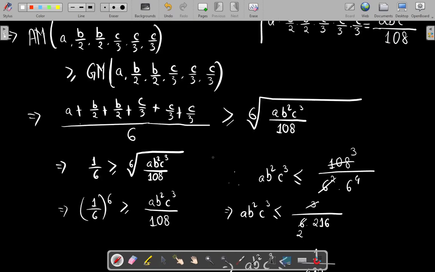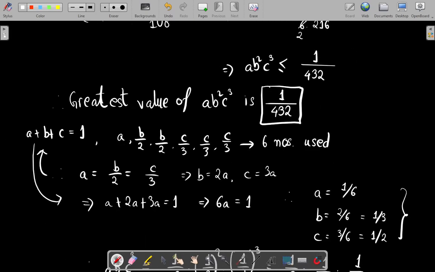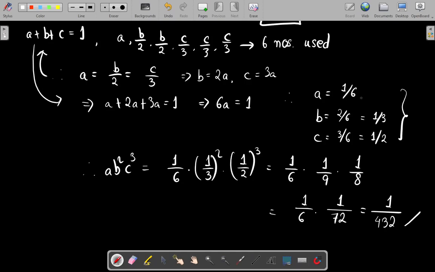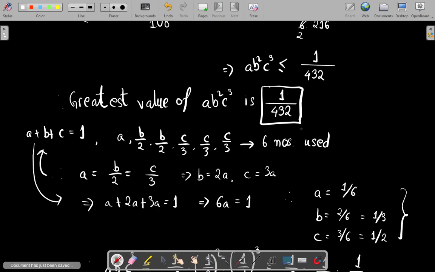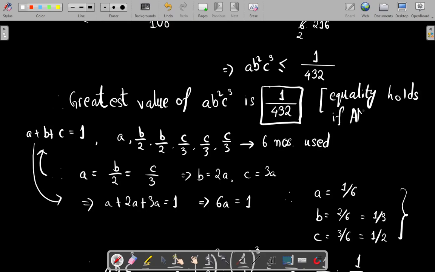So this is the final answer, and this is happening whenever a, b, c take these values. The equality holds if AM and GM are the same, that is, they are equal.